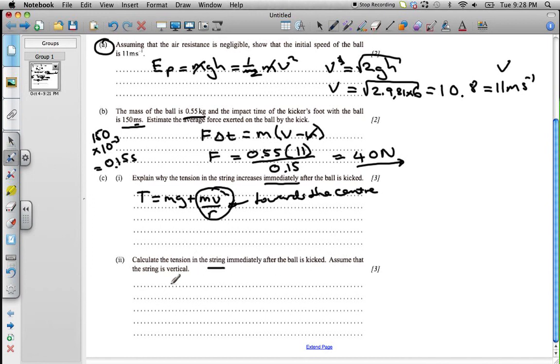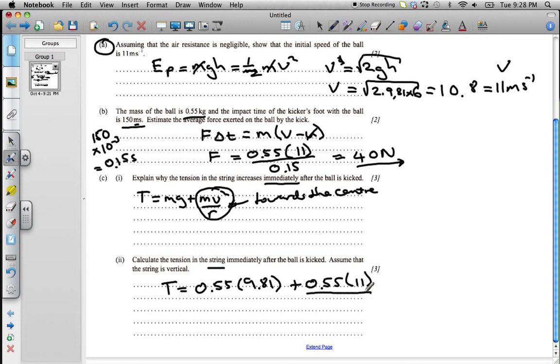So we've got our formula that I've written up there. It's going to be the mass, which is 0.55 times 9.81 plus 0.55 times 11 squared.